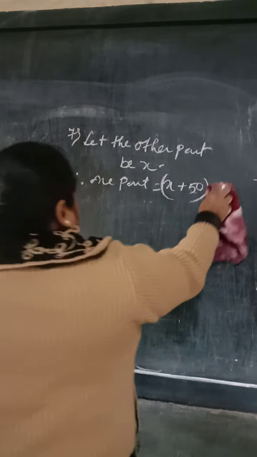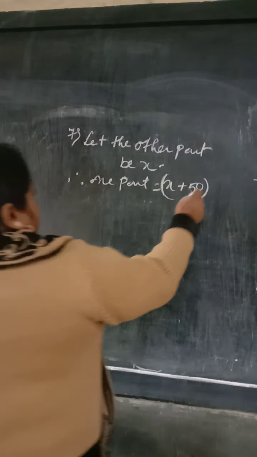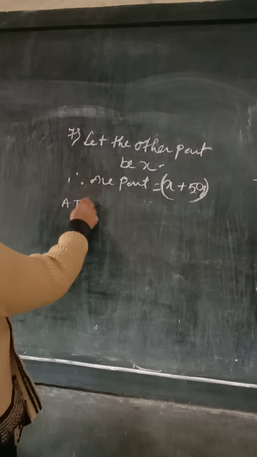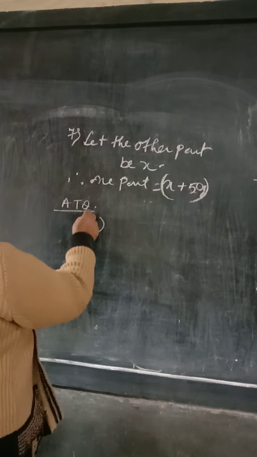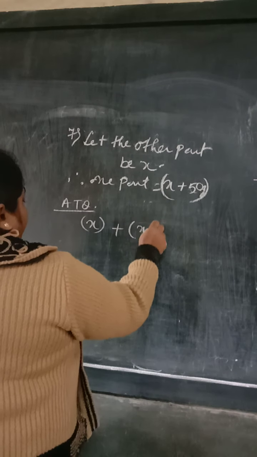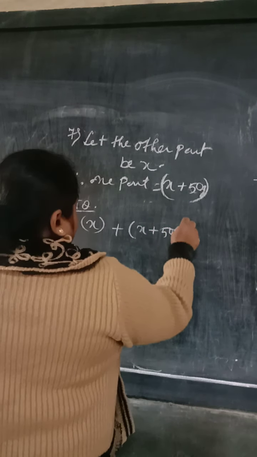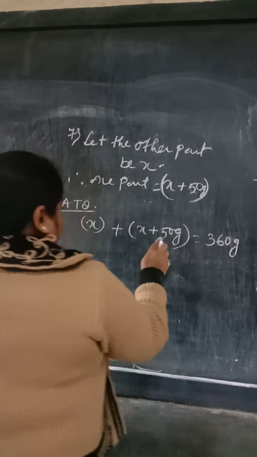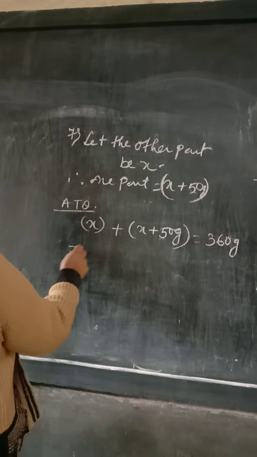According to the question, when we add these two parts, that gives you 360 grams. The sum of these two parts is 360 grams.